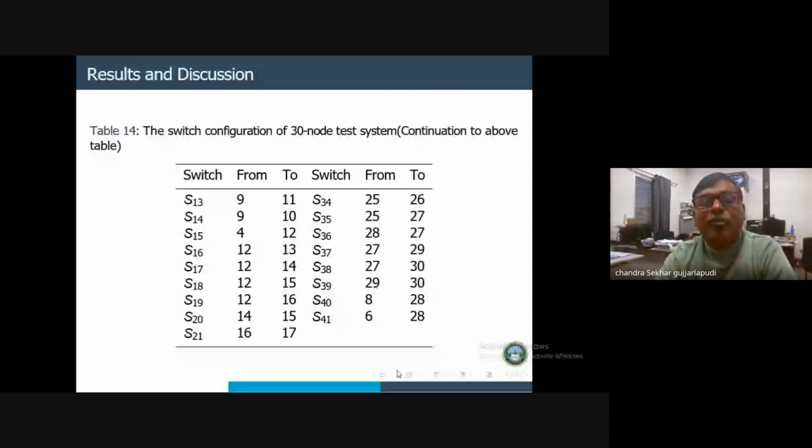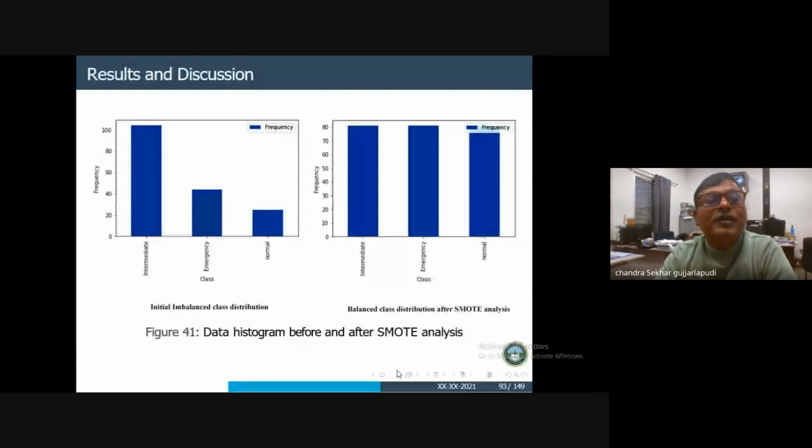Now you see, after having such switches, we have done load flow analysis to determine the VSI index.